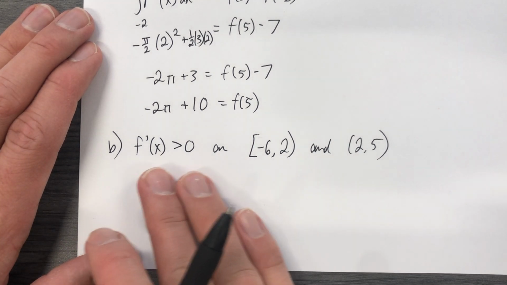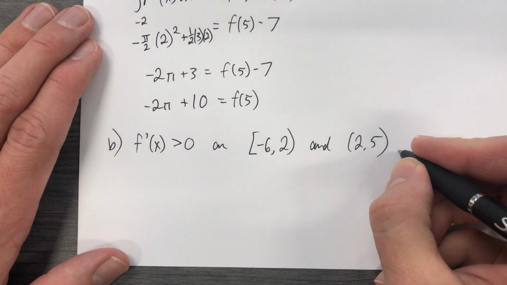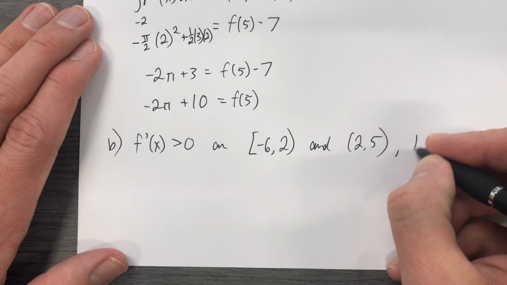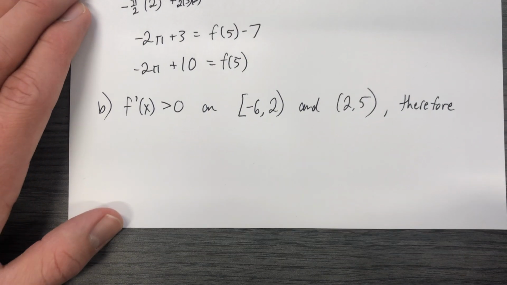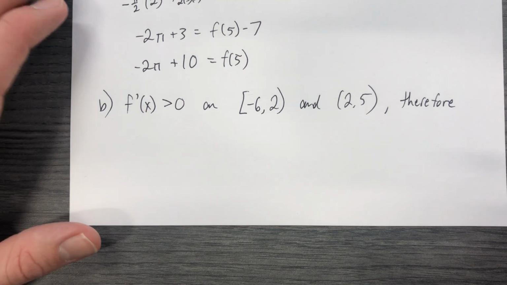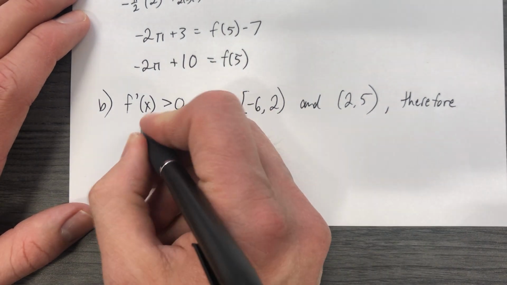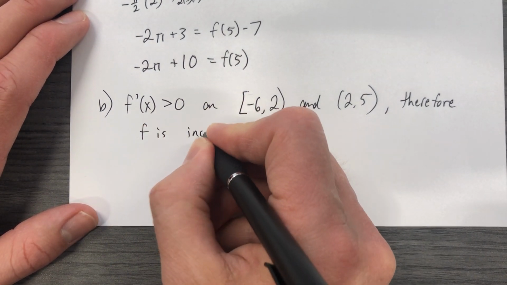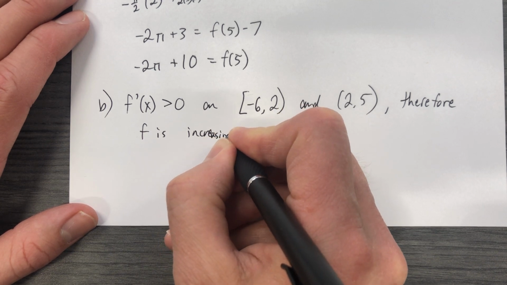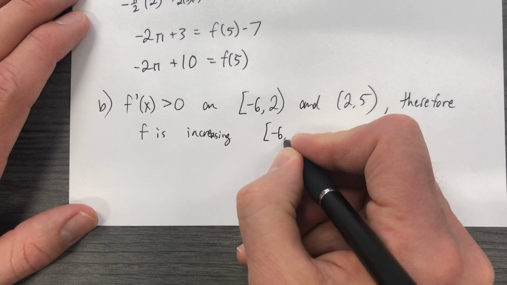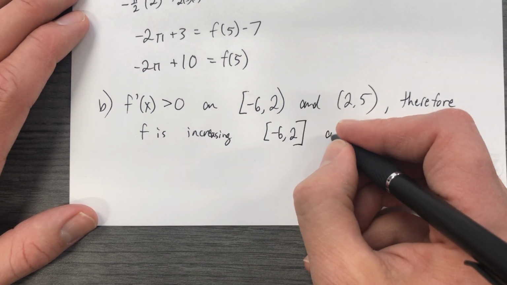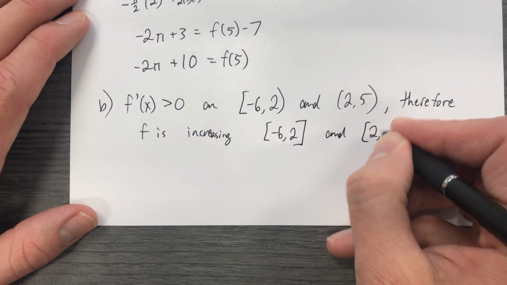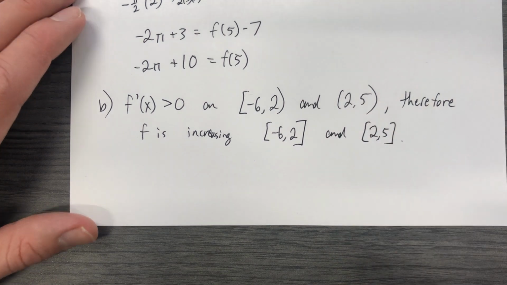The derivative is positive on these intervals. So therefore, you don't have to use the word therefore, but there's a reason it's therefore. Therefore, f is increasing on the interval from negative 6 to 2. And again, bracket, parenthesis, not going to be a huge deal. And 2 to 5. Okay.